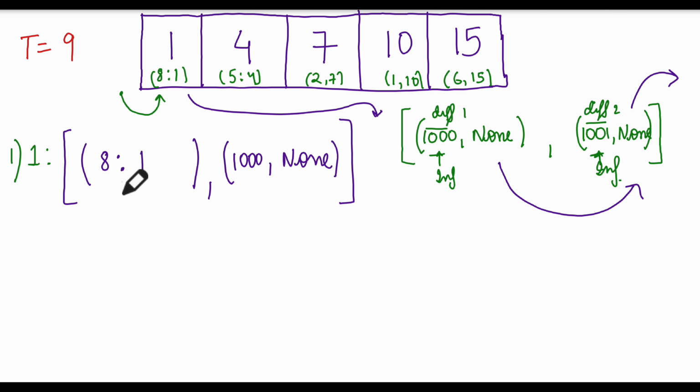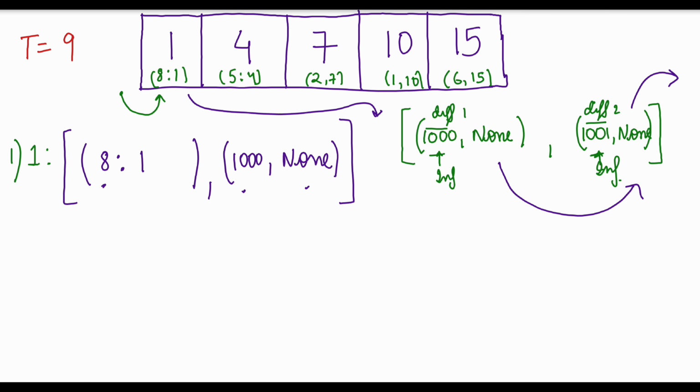So what I have done so far: the closest element is 1 because its absolute difference is 8, and the second closest is this one with absolute difference 1000, and the key is none right now. I hope you understood what we are doing here. We are comparing these differences with the actual differences, and if we find one to be less, I will move the old one out.